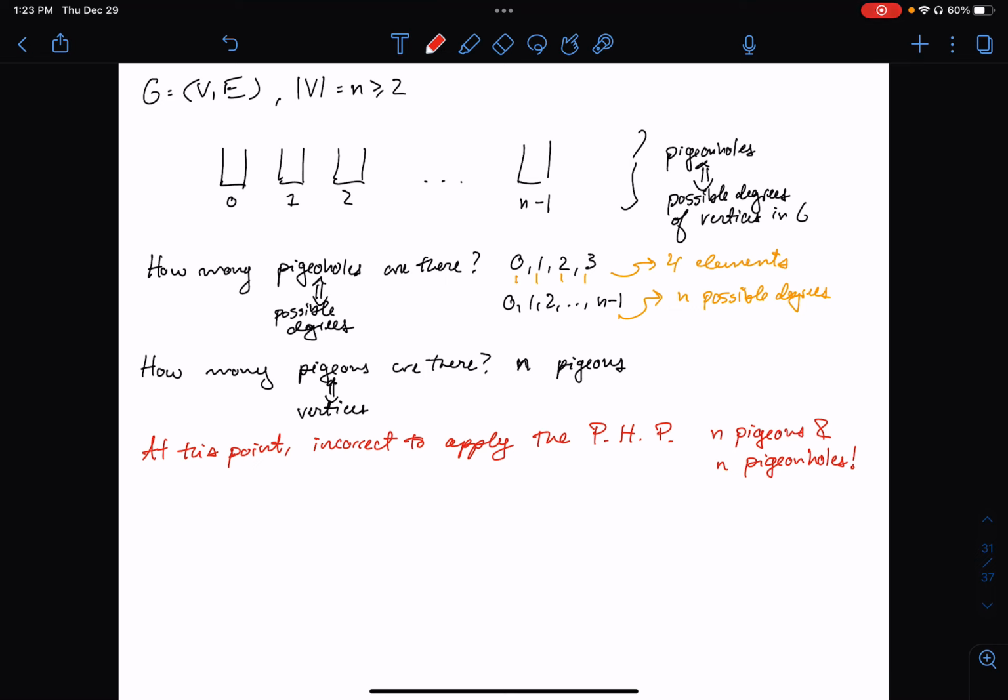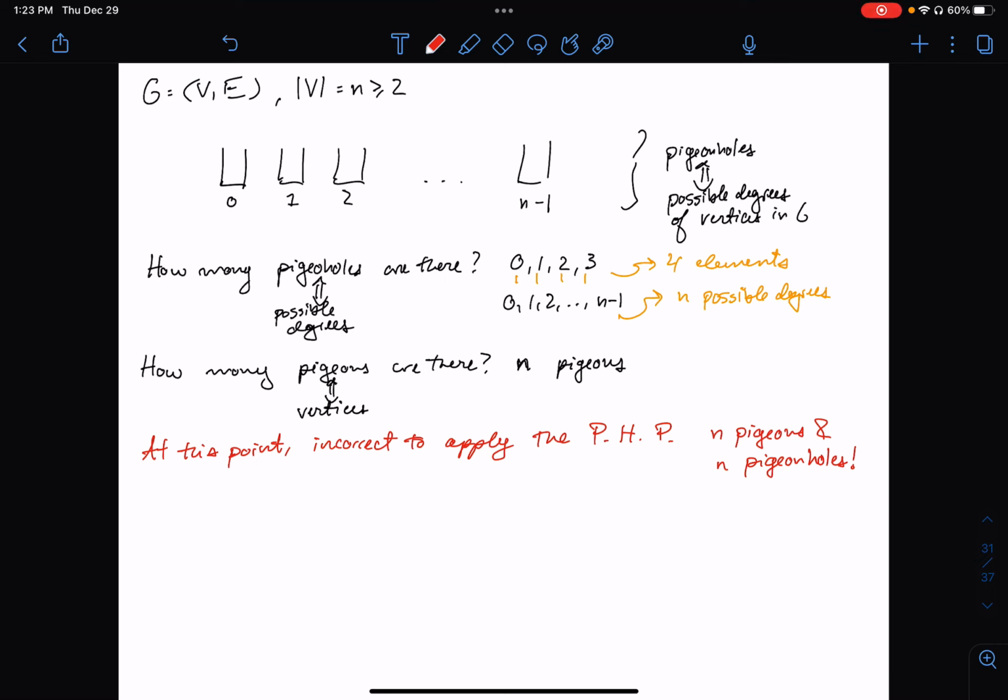So I still need to reduce; what you need to think about now is whether there is a way for me to rule out a pigeonhole so that I can have, say, n pigeons and n minus 1 pigeonholes.